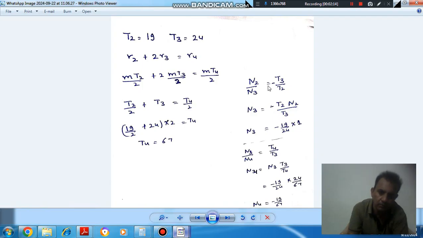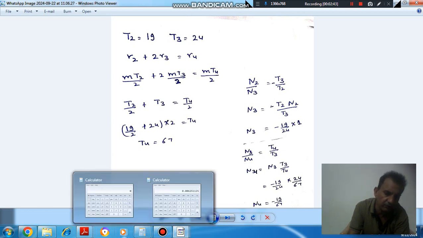The minus sign is because gear 3 and gear 2 rotate in opposite directions, as they are in external mesh. So N3 will be minus T2 by T3 times N2, with T2 is 19 and T3 is 24, so N3 is minus 19 by 24.